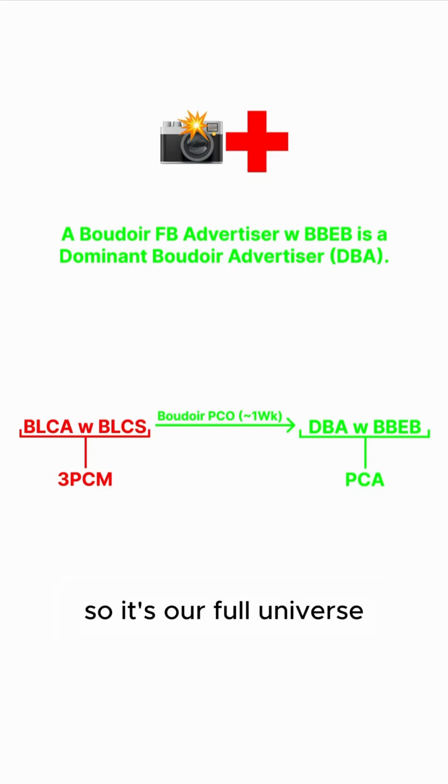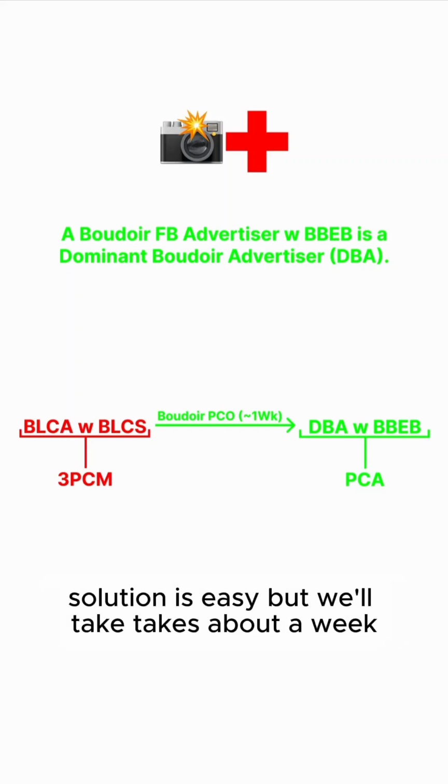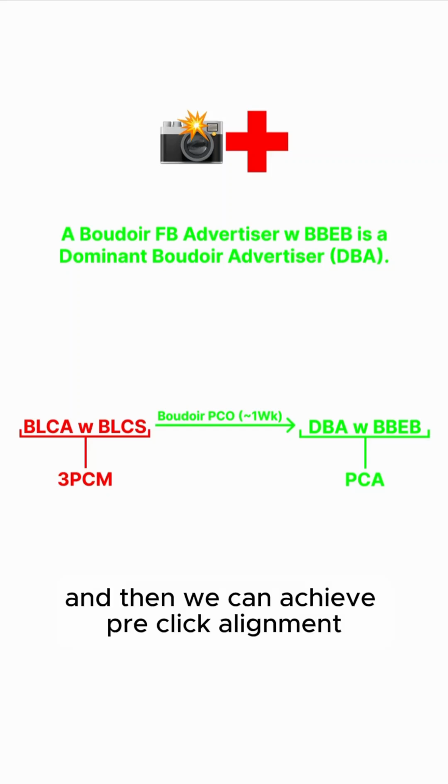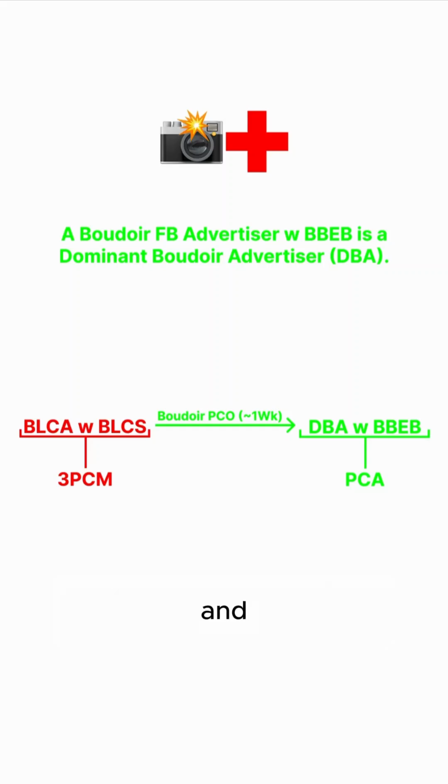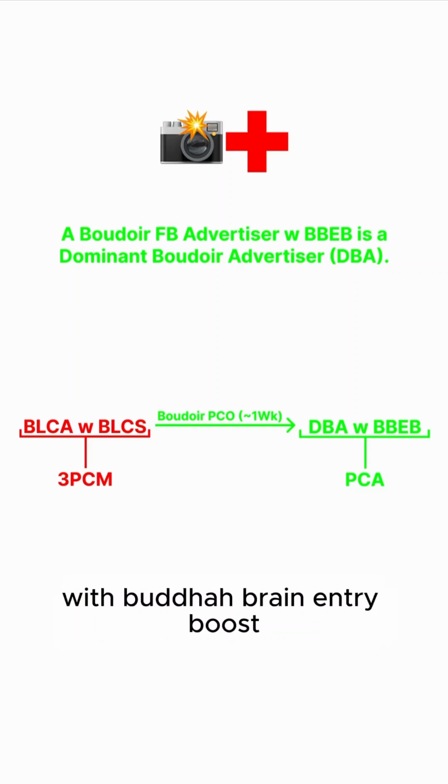So this is our full BLCS universe here. A BLCA with BLCS is caused by the 3 pre-click mistakes. The solution is easy: Boudoir Pico takes about a week, and then we can achieve pre-click alignment and become a dominant Boudoir advertiser with Boudoir brain entry boost.